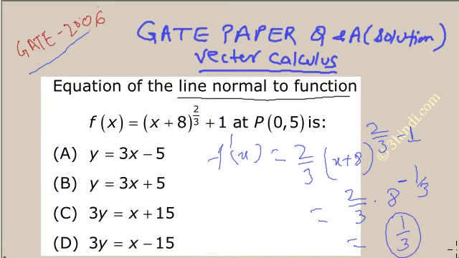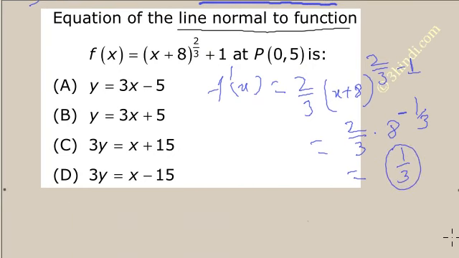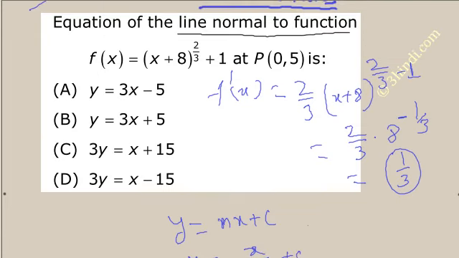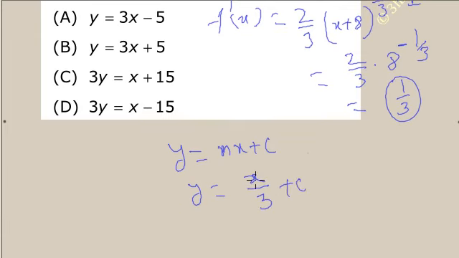So this is the slope, and if you are required to find the equation, the equation of the line is y is equal to mx plus c. So m is the slope, so y is equal to x by 3 plus c. If you put x is equal to 0, c is 5, so the equation is y is equal to x by 3 plus 5.